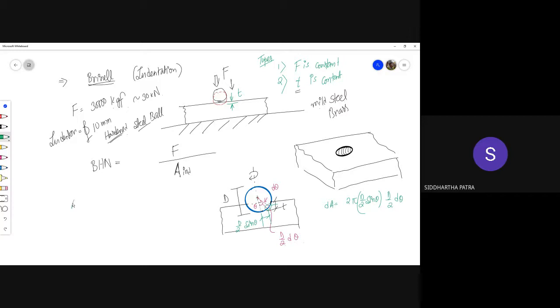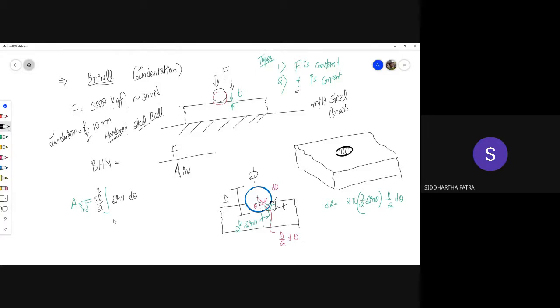So this area of indentation is this much: integration of twice pi, or pi D squared by 2, sine theta d theta.